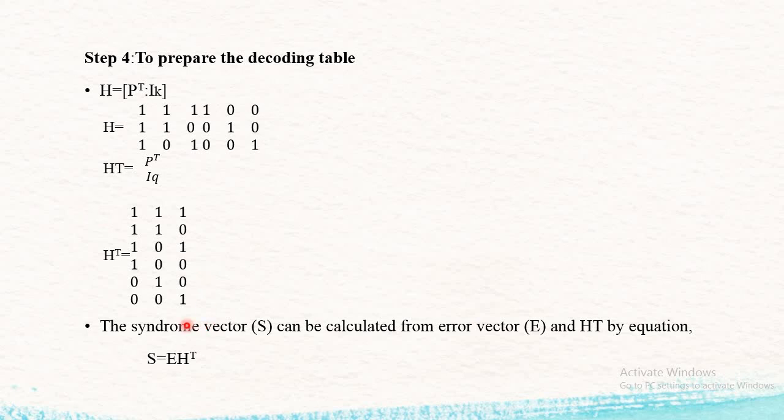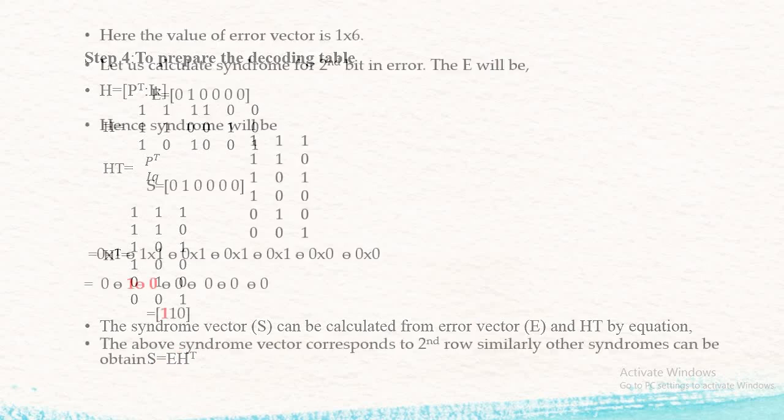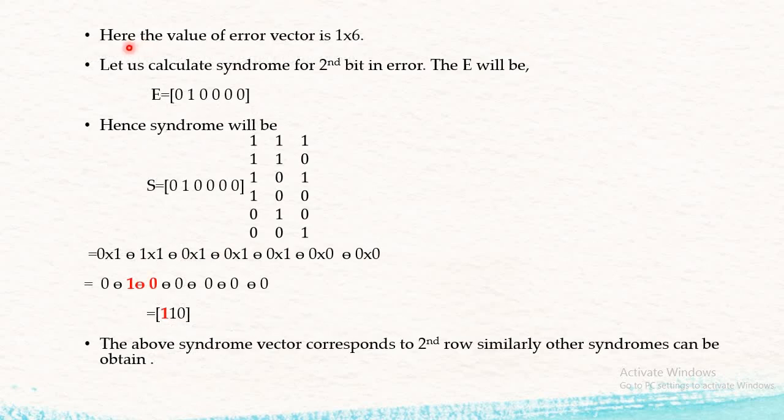Once H transpose is with us, it is very easy to calculate the syndrome. S is equal to E into H transpose, where E indicates the error vector. The error vector is 1 by 6 because the size of the code word is 6. So the error vector size is also 1 by 6.